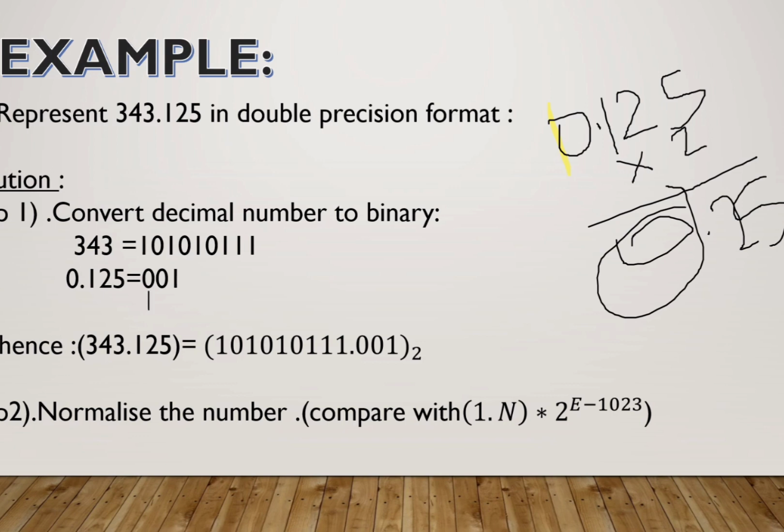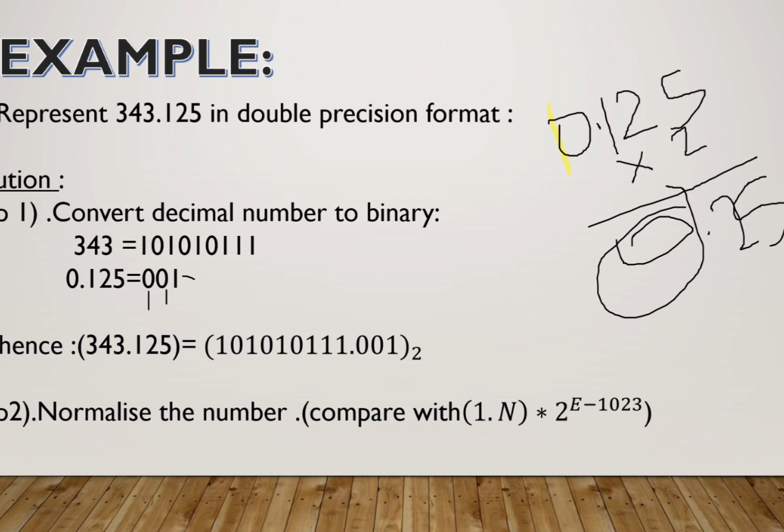When we again multiply 0.25 by 2, we will get 0.5. In 0.5, we also have 0 to the left of the decimal, so I wrote 0 here. Again, when we multiply 0.5 by 2, we will get 1. We get 1 to the left of the decimal, so I wrote 1 here. So our binary is 001.